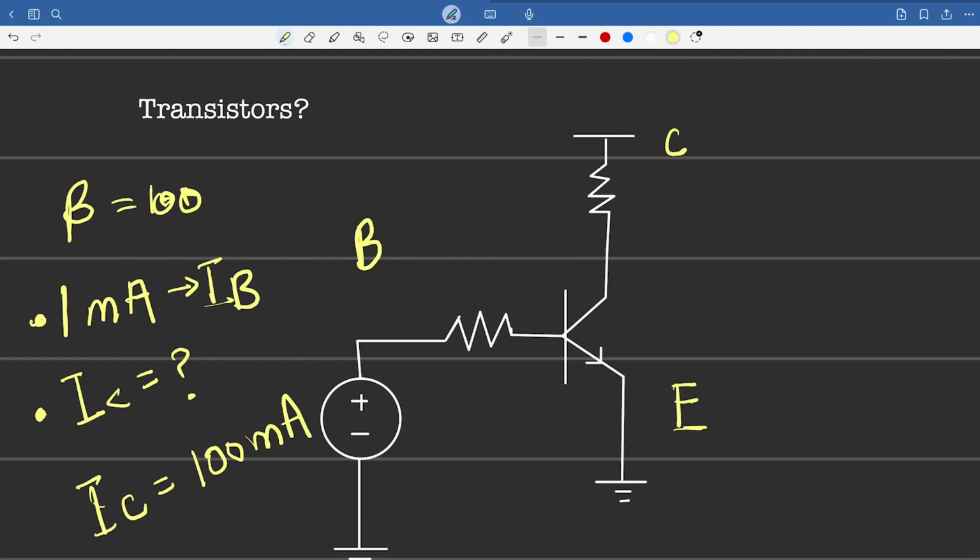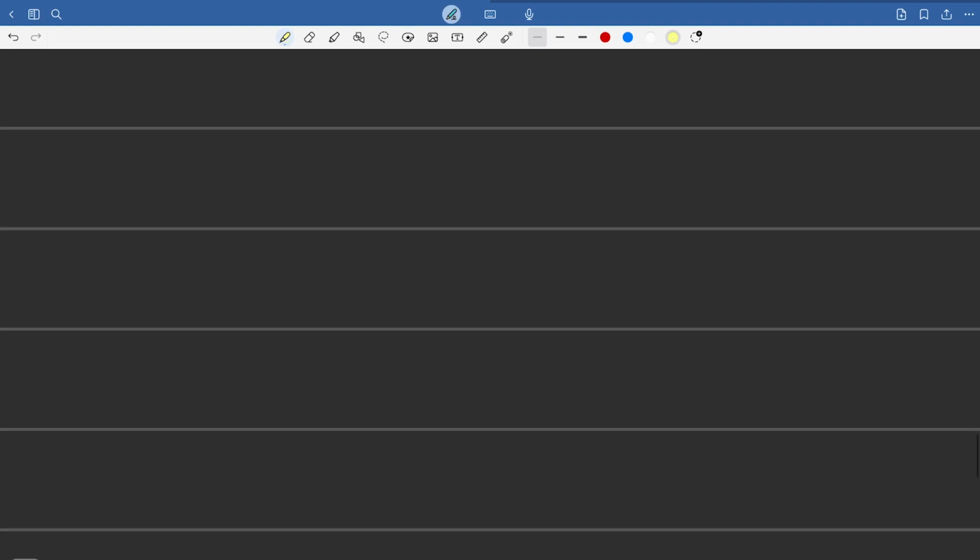Now you know that in the active region, it works as a voltage resistor, a variable resistor, or an amplifier. You can use this formula to find it out. Now, some other formulas that one should know when it comes to transistors are as follows. The general one is IC equals beta IB, right?